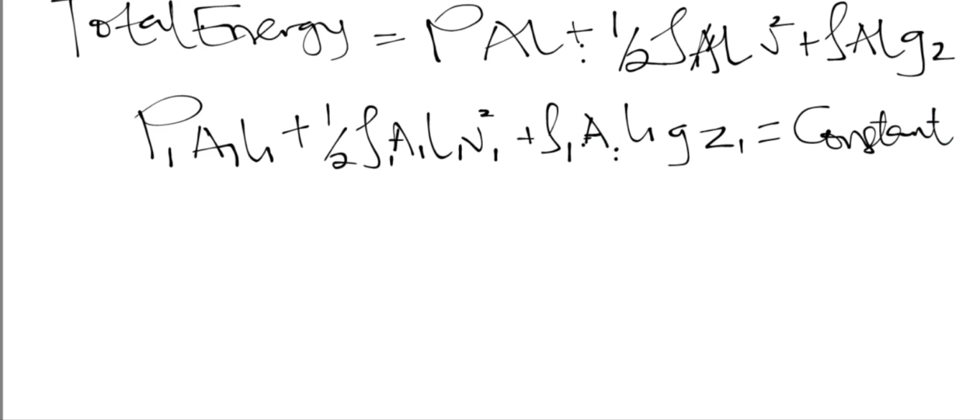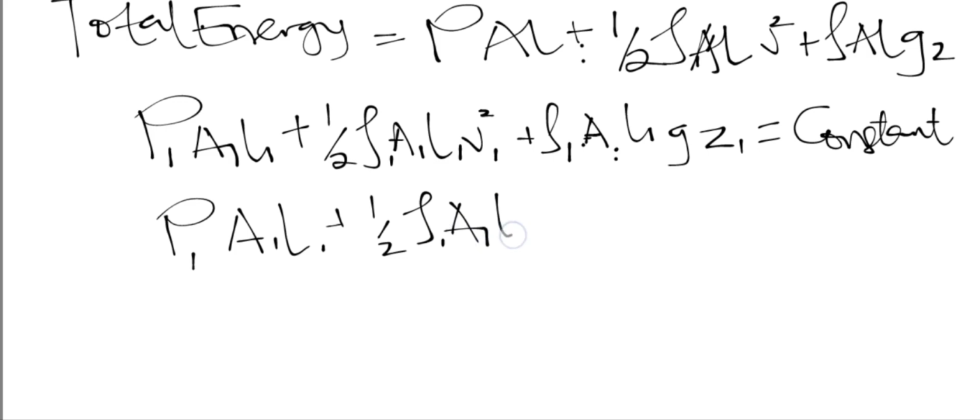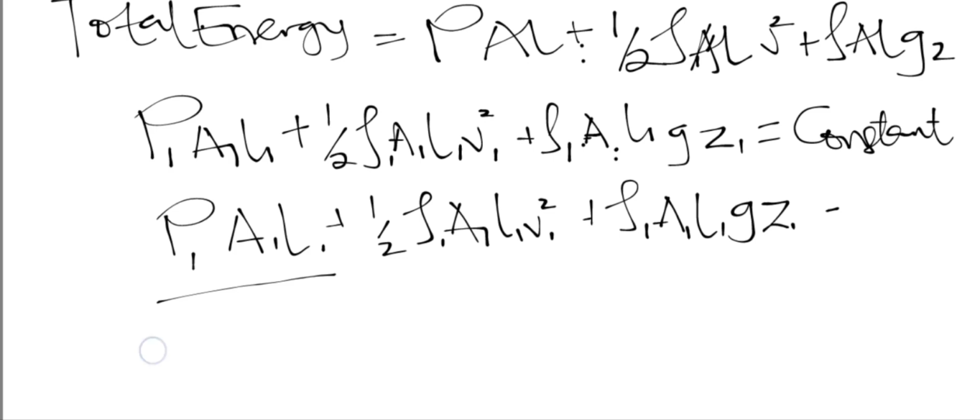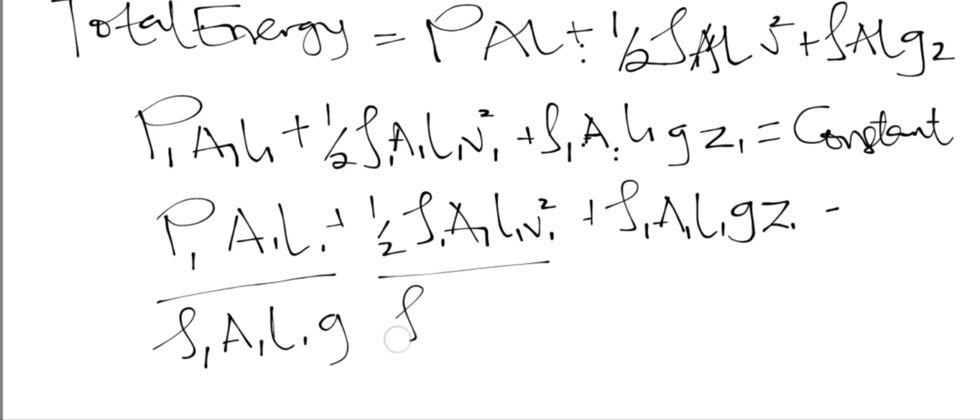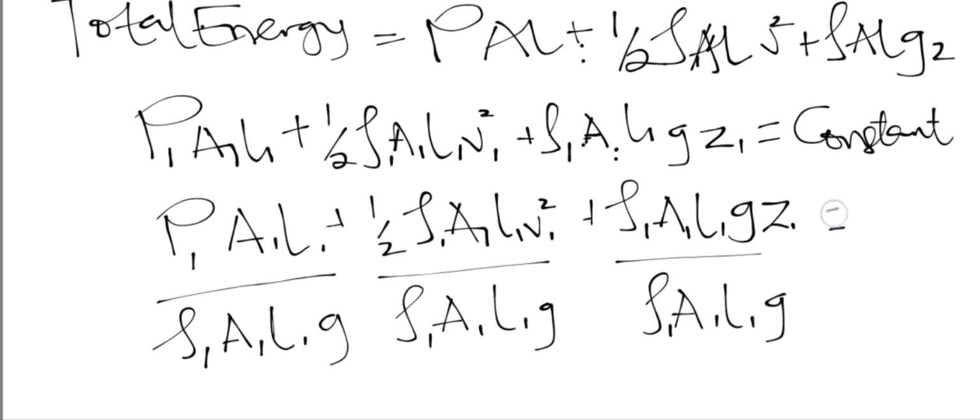So let's reduce the equation by dividing through by rho 1 A1 L1 g, to be equal to constant.